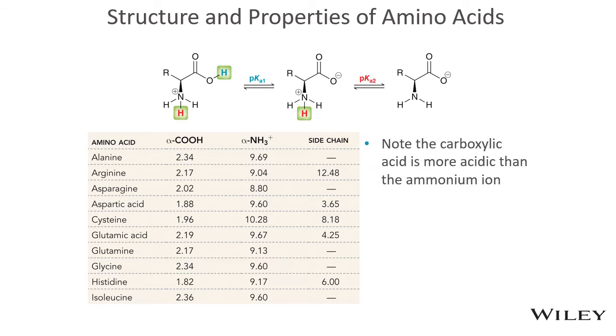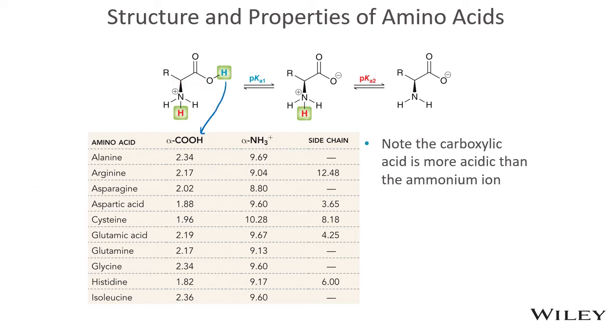So there's a table in your book that lists the pKa values for all of the amino acids. Now notice that for the carboxylic acids in an amino acid, the pKa's are actually lower than a typical carboxylic acid. So instead of having a pKa of around 4.75, it's going to be closer to 1 and 2. Now this alpha COOH is referring to the carboxylic acid attached to the alpha carbon.